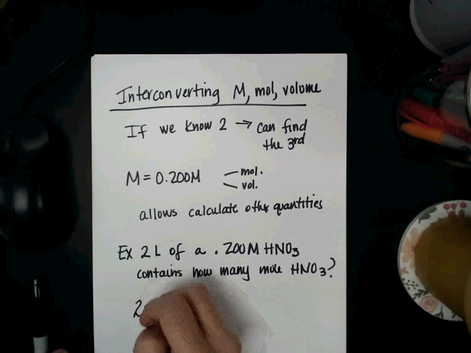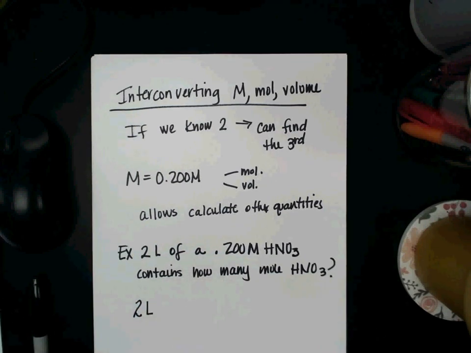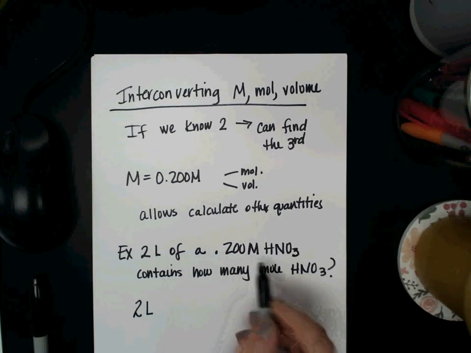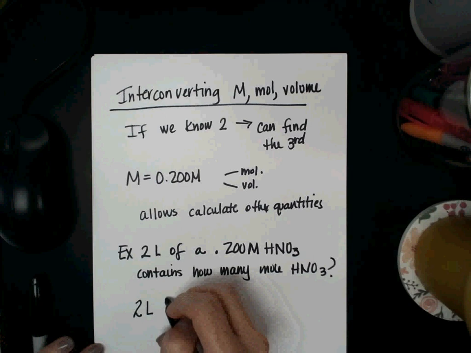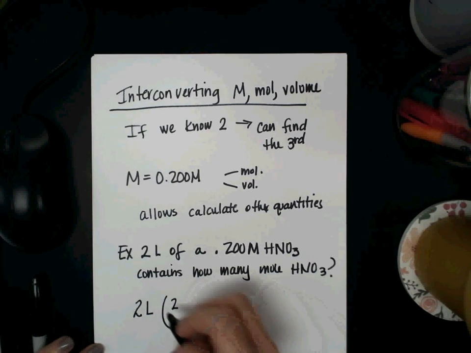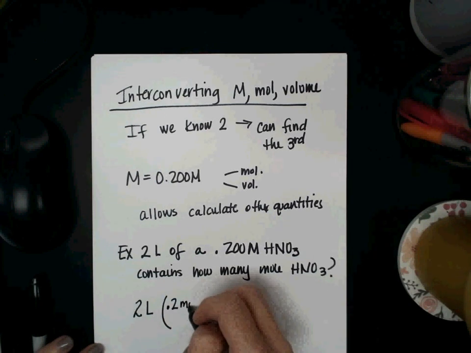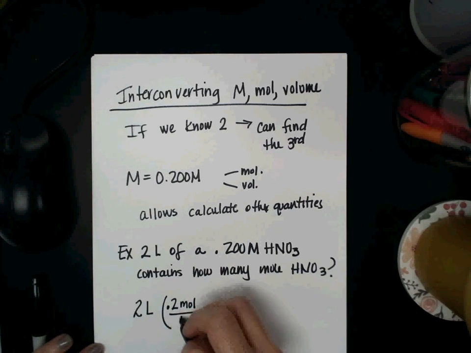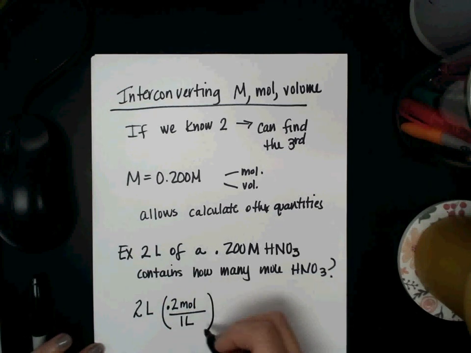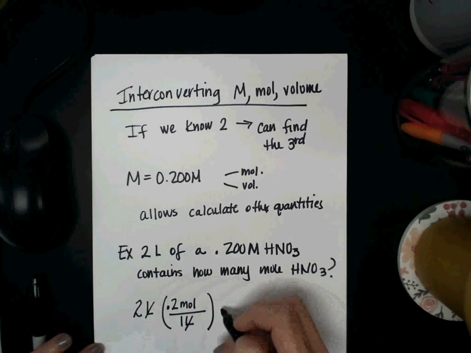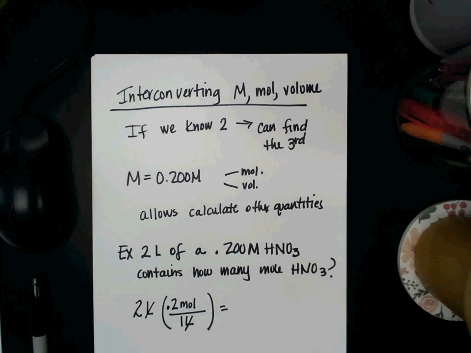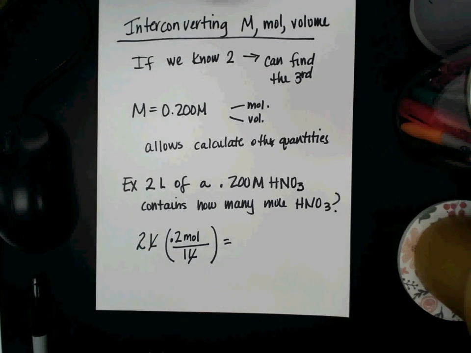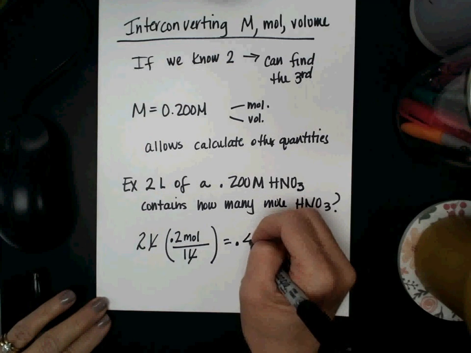So I start with my quantity that I'm given, my 2 liters, and I also know my molarity. We know molarity is moles per liter, so I've got 0.2 mole per 1 liter. That allows me to cancel out liters, and it just becomes a multiplication problem to find my number of moles.